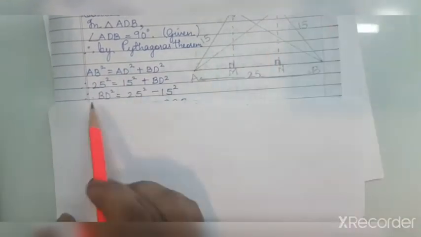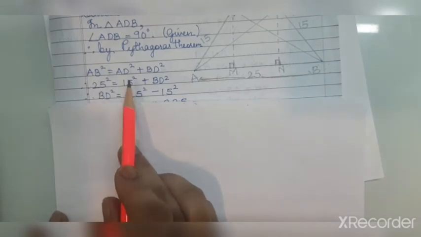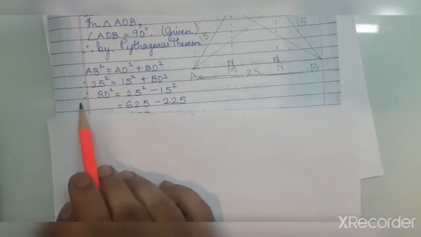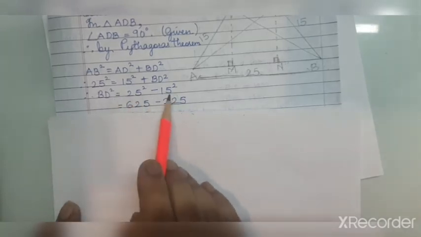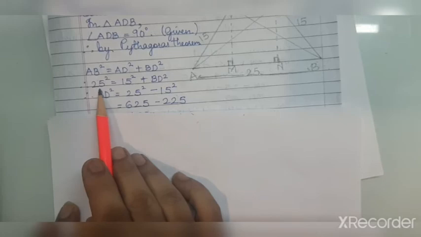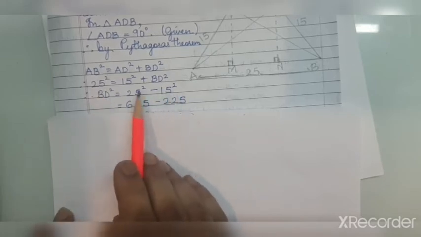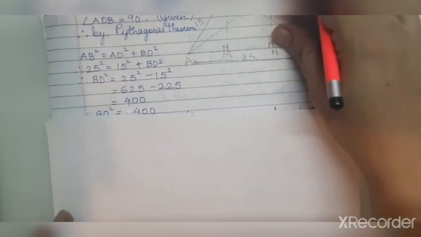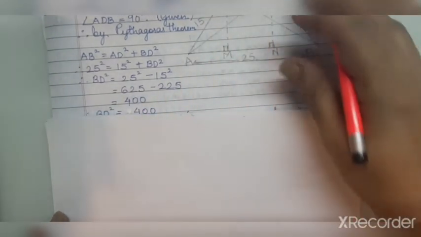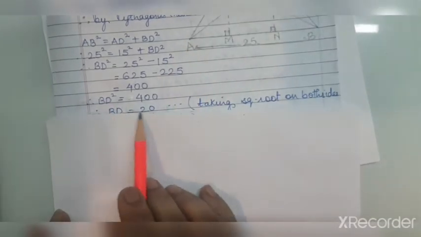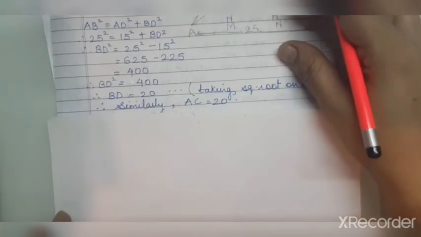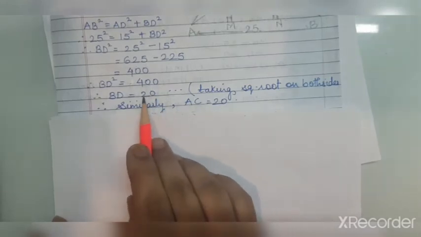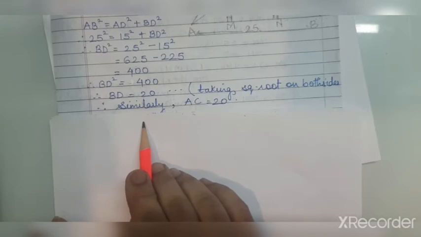So we substitute AB as 25, AD as 15, and the next step is to shift the numbers to one side. 15 goes to the other side, it becomes minus 15 square. 25 square is 625, 15 square is 225. When we subtract, we get 400. So BD square is equal to 400. Taking square root on both the sides, BD is 20, because 20 into 20 is 400. So square root of 400 is 20.